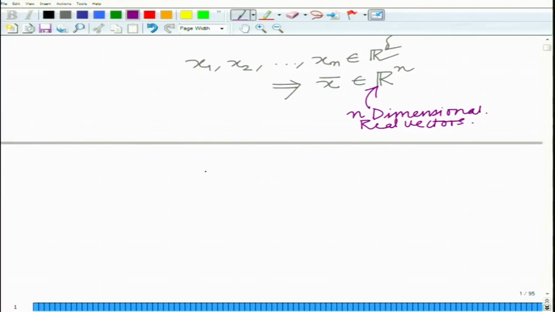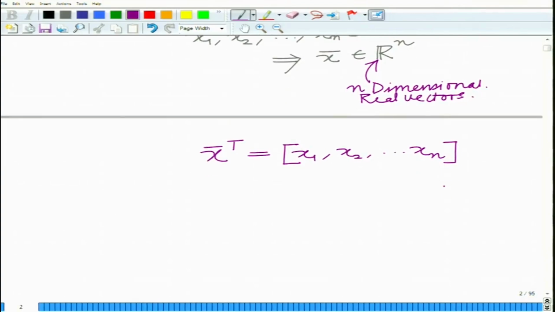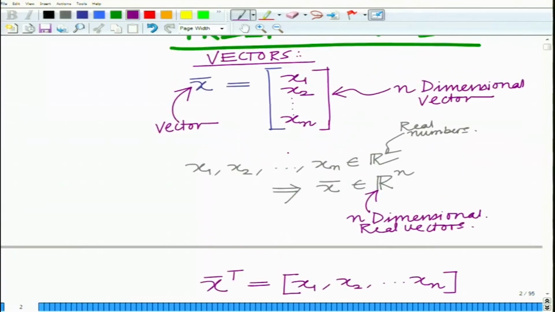And so, what we have is, if we consider x bar, now x bar is the column vector and therefore, x bar transpose will similarly be a row vector. So, it will be a 1 cross n. So, this is basically your row vector x bar transpose. So, x bar is a column vector, or basically has dimension n cross 1.